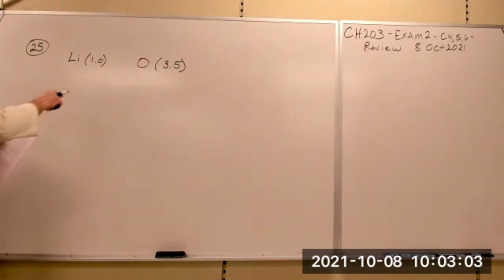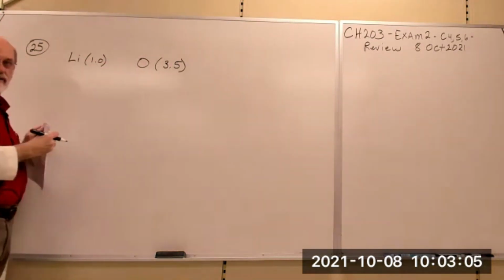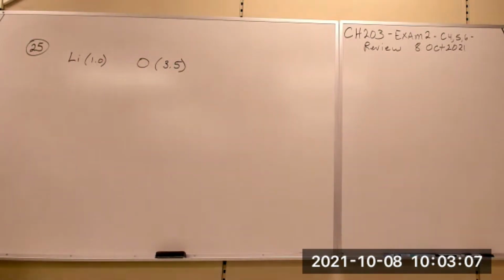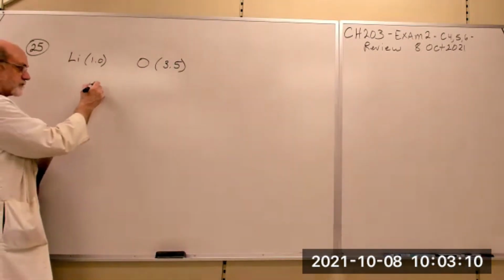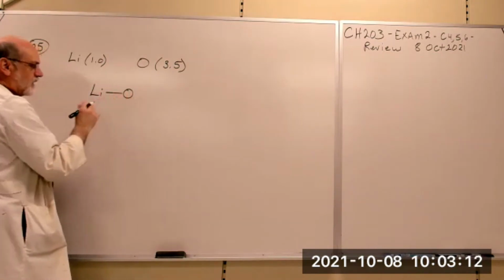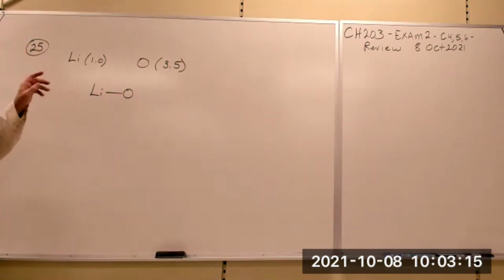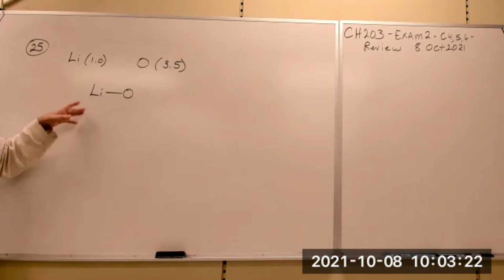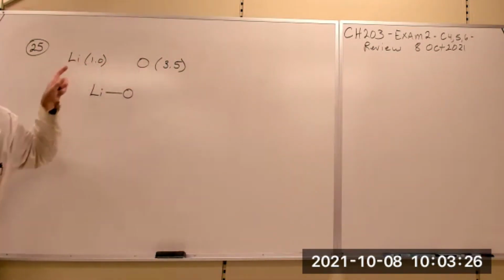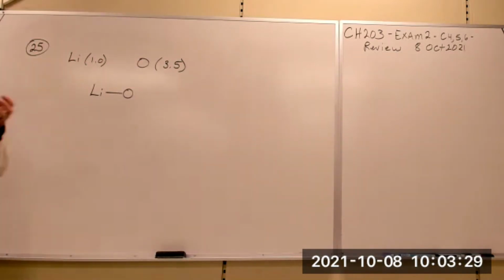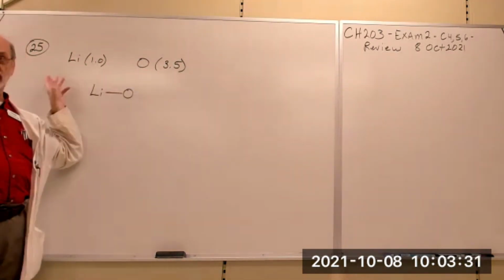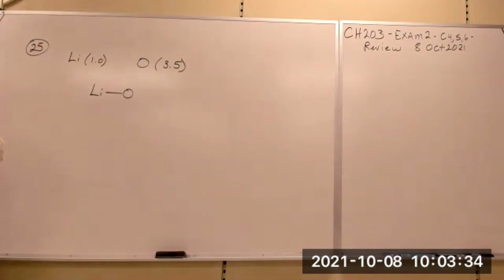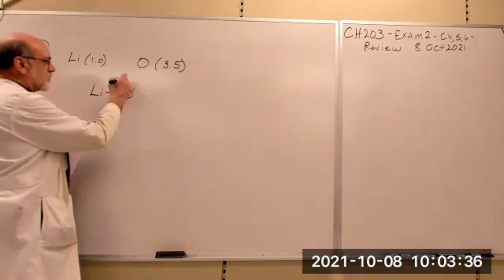So if you compare electronegativities of these two atoms that are in a bonding situation, the way to tell if it's polar covalent, nonpolar covalent, or ionic is what's the difference between the electronegativities, because there's a battle going on. This one's pulling real hard and this one's pulling not as hard. So what's the difference there? The difference is 2.5.